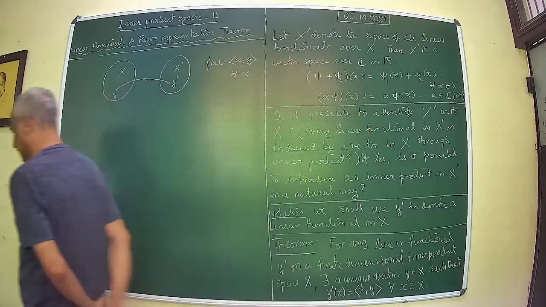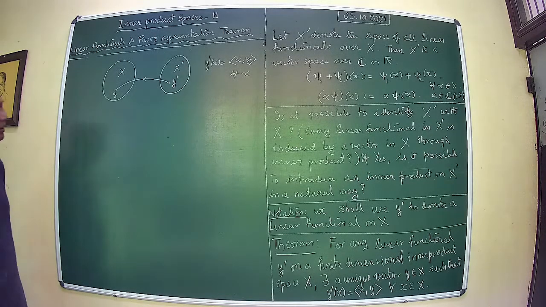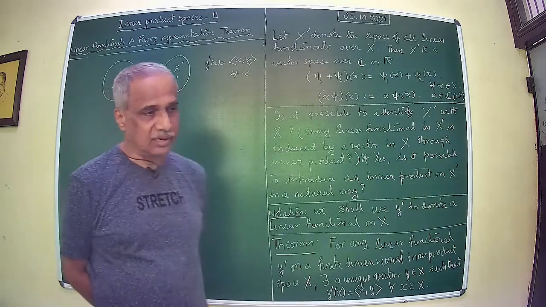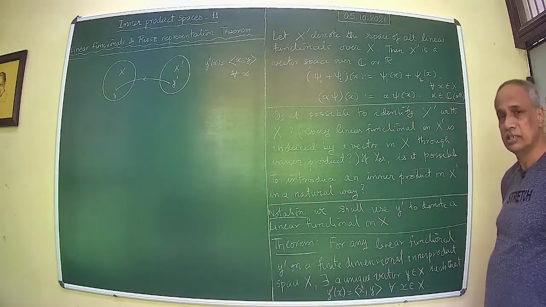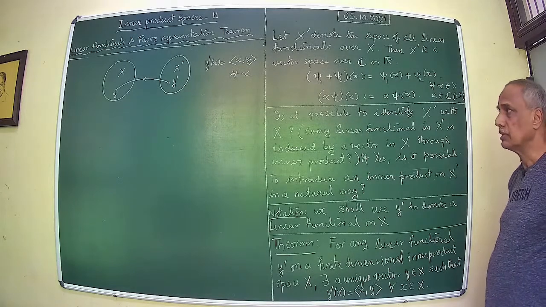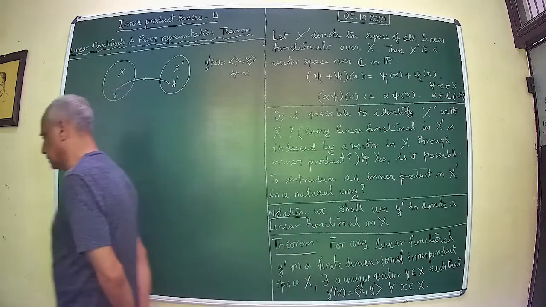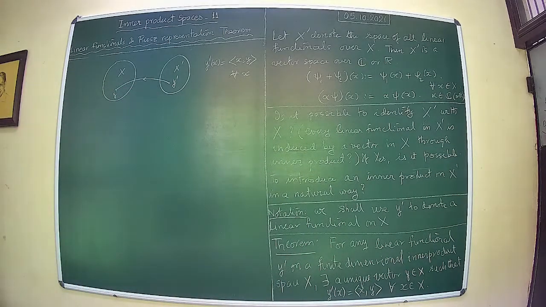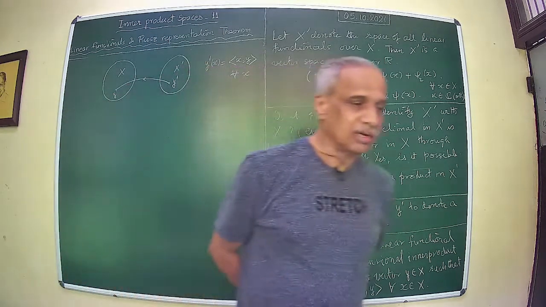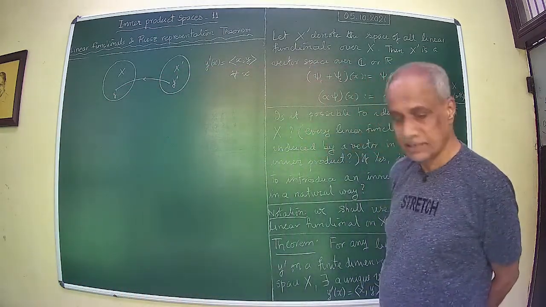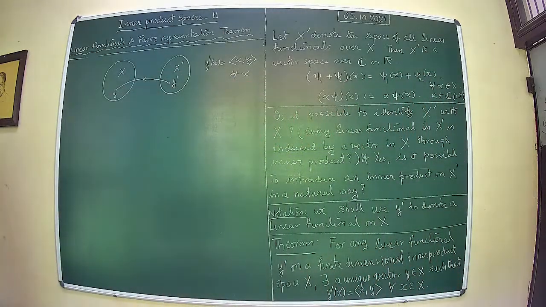X prime is just a linear space of all linear functionals on X. Had I been talking about infinite dimensional inner product spaces, I would have been restricting myself to the so-called bounded linear functionals or continuous linear functionals after introducing all the necessary notations.